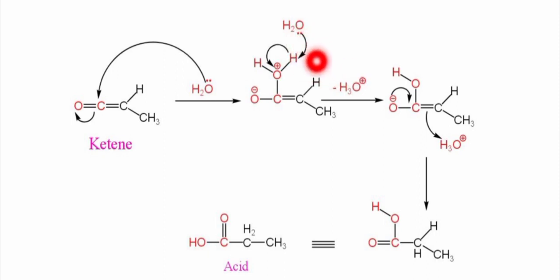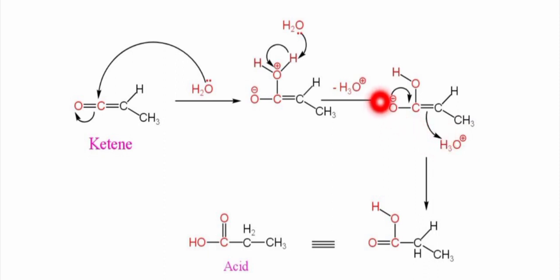For deprotonation, a water molecule takes a proton from this oxygen, and the positive charge on oxygen gets neutralized, and the hydrogen is removed in the form of H3O plus, which is used in the next step for protonation of this carbon. This carbon gets protonated because of H3O plus.